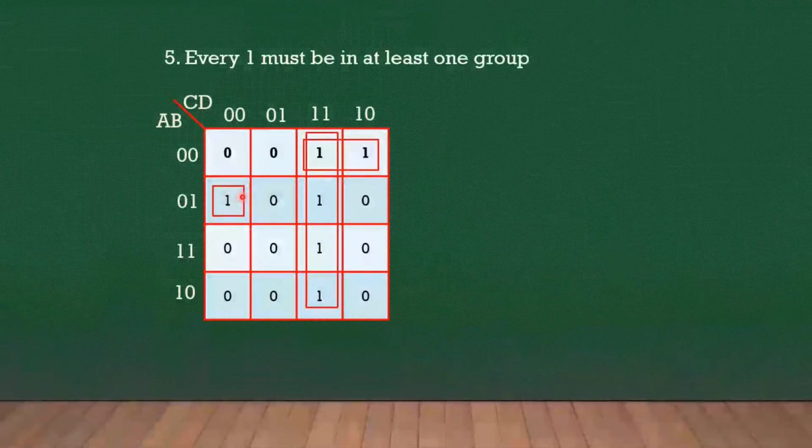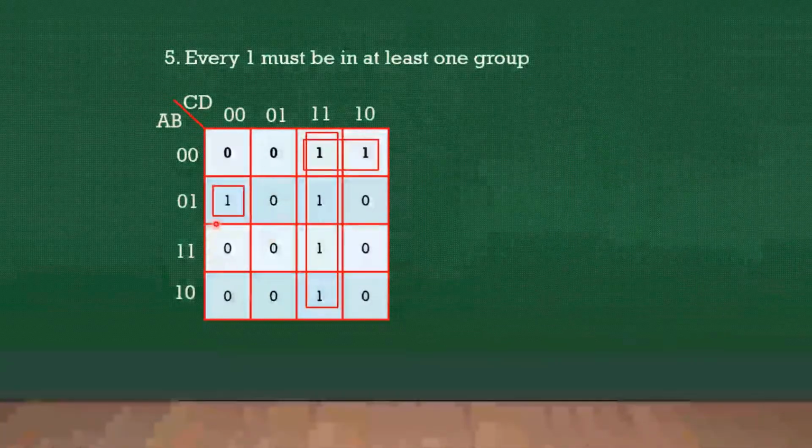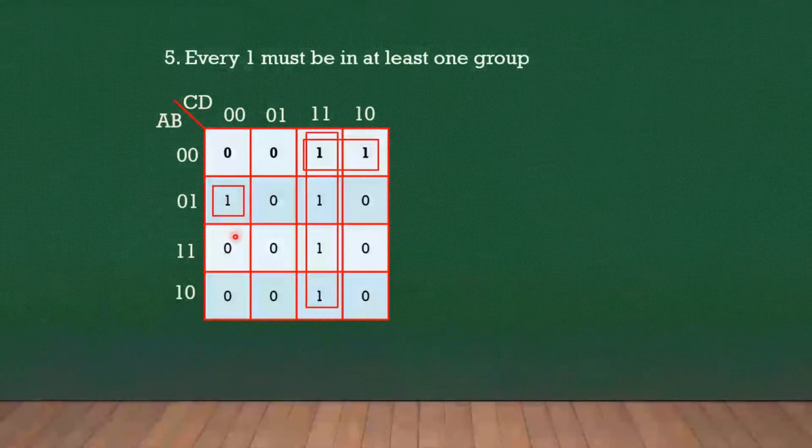We cannot leave it. It should have one cell grouping for it. If it doesn't have adjacent cells with one, we group for it. It's just one group. So this is what it means. Clear? Okay, let's see 6.